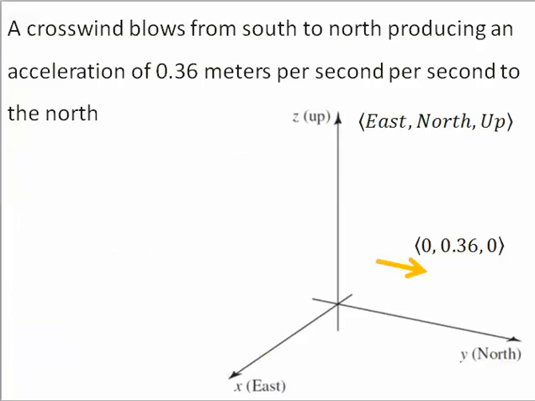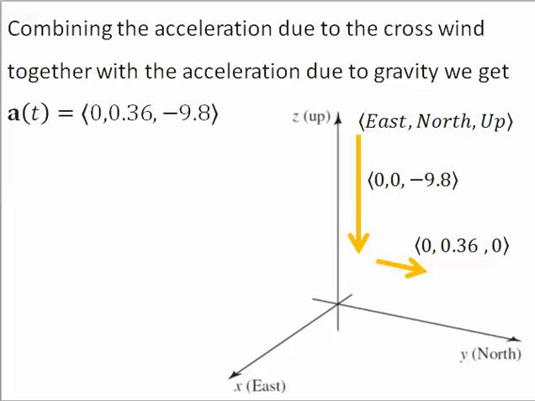The crosswind blows from north to south, producing an acceleration of 0.36 meters per second squared to the south. Combining the acceleration due to the crosswind together with the acceleration due to gravity, we find the overall acceleration vector.